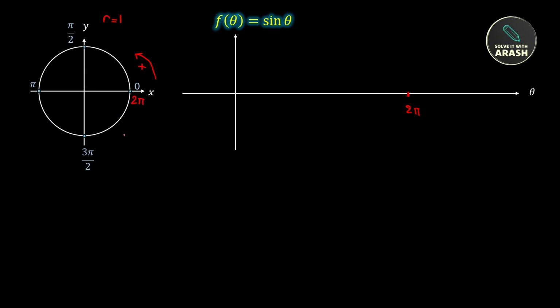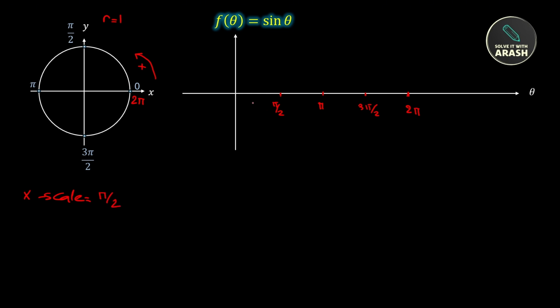And the other angles, I can also show them on the horizontal axis. This is going to be halfway between start and end. That's pi. And we have pi over 2 and also 3 pi over 2. Each interval is pi over 2. We call it x-scale. X-scale in this case is pi over 2.